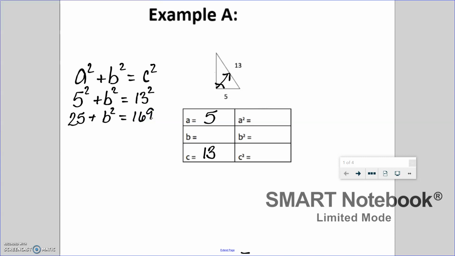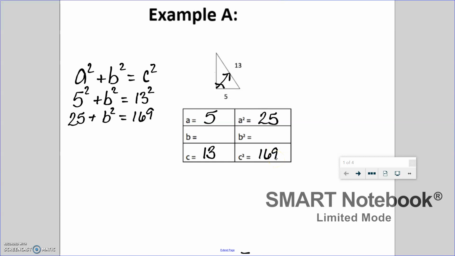Okay, so now that I have that, I'm going to go ahead and fill in my chart. 25 is A squared, and 169 is C squared.